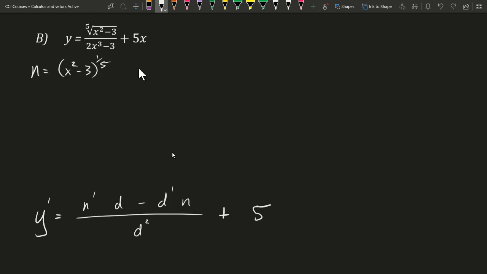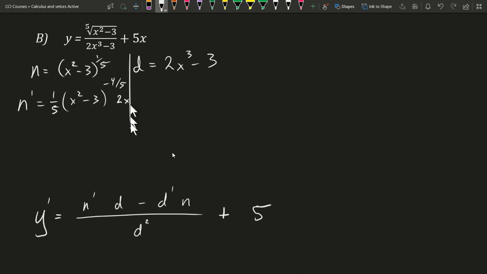Okay. And then my denominator is going to be 2x to the third minus 3. And so therefore n prime is going to be 1/5 to the negative 4/5, and it's x squared minus 3 and 2x. This is the chain rule.